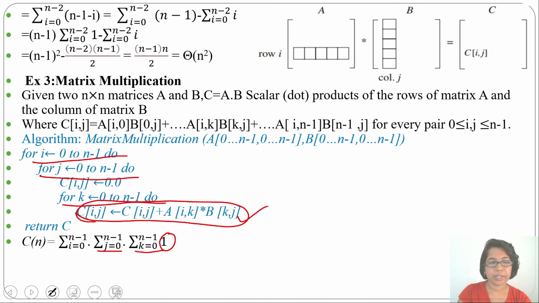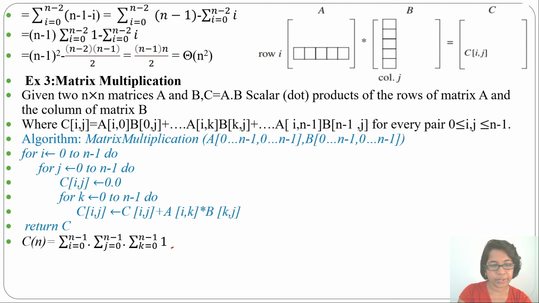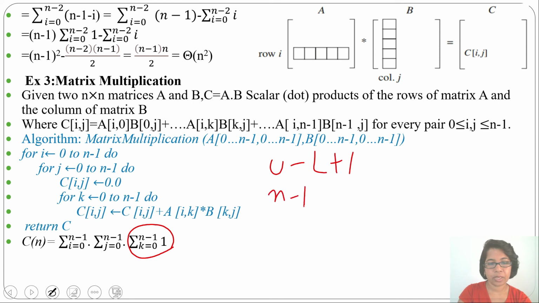This basic operation is executed once for every k. So first we'll evaluate this. We know the formula, it is upper limit minus lower limit plus 1. Upper limit is n minus 1, lower limit is 0, plus 1. So minus 1 plus 1 will be cancelled, we'll get n.